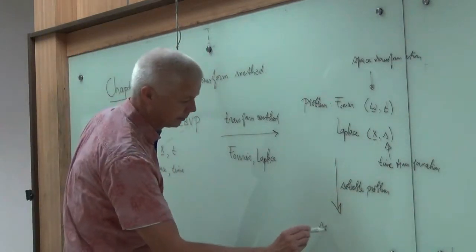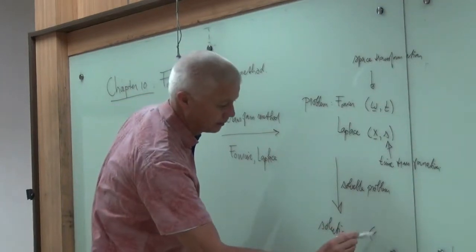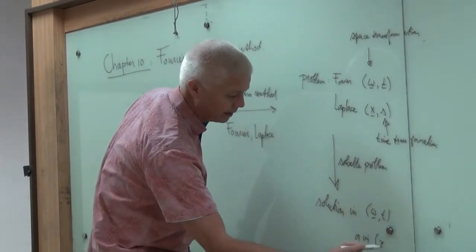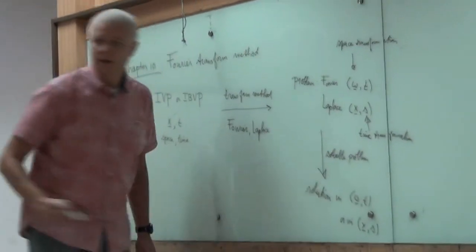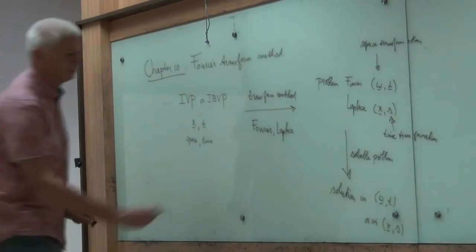And that means that you will get a solution in omega, t or in x, s. But those are not the original variables that you have, because you started here with x and t.